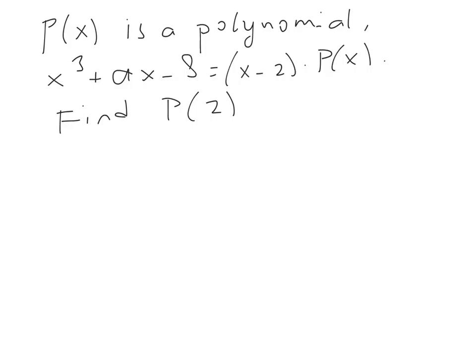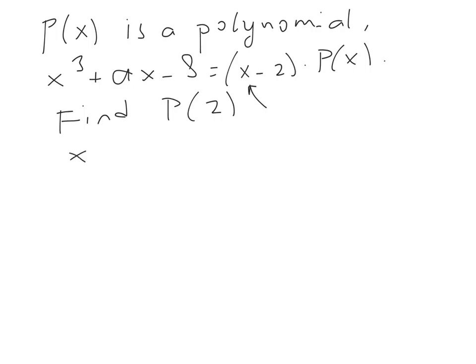The problem looks like that when I plug in 2 for x, 2 minus 2 is 0, and 0 times p of 2 is 0, so p of 2 is going to be eliminated. But let me plug in 2 for x anyway.